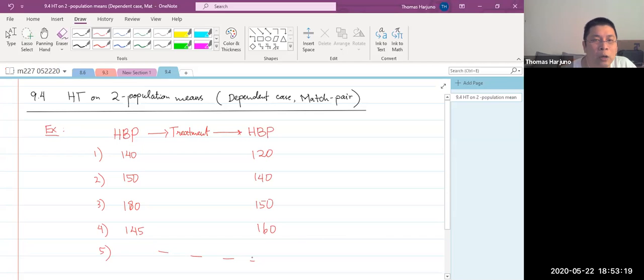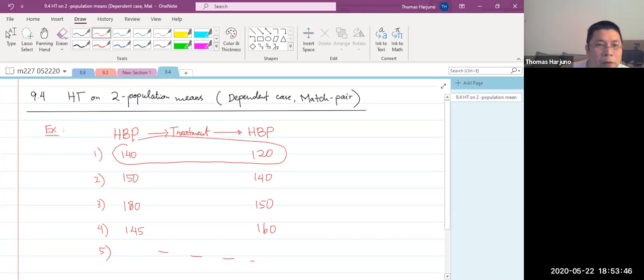Now, even though we are comparing the difference between the blood pressure before and after the treatment, the subject of the observations is actually the same person.